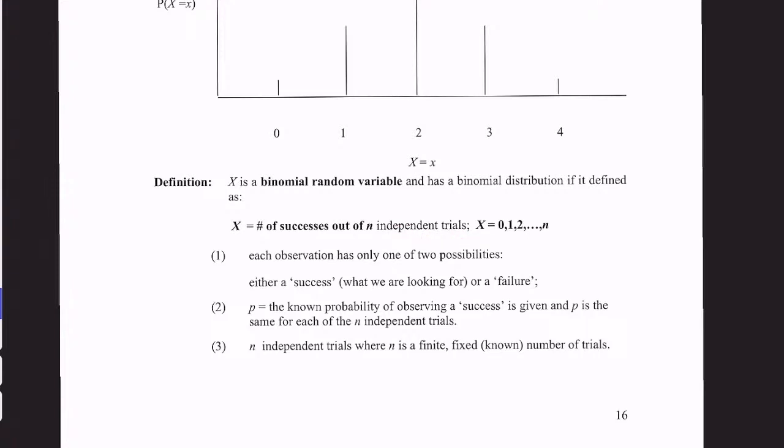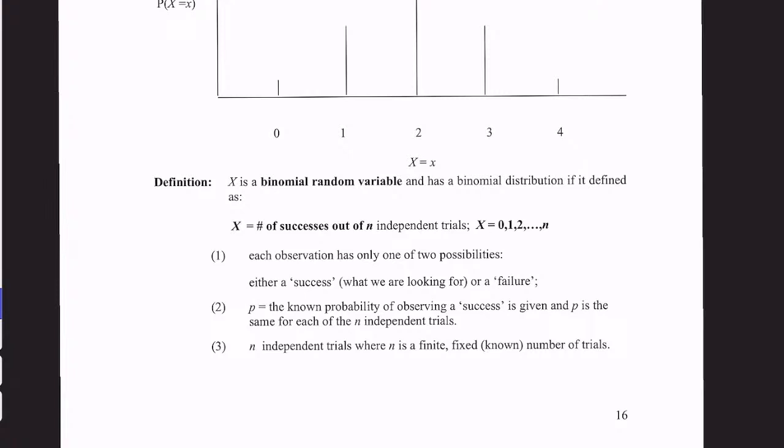So what are the criteria? First, when you're observing, think about it as you're sampling and you're looking for something. The thing that you're looking for we'll call a success.